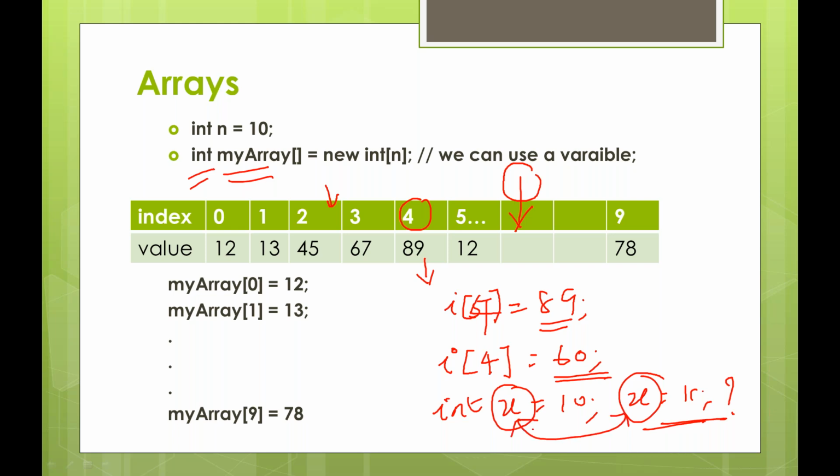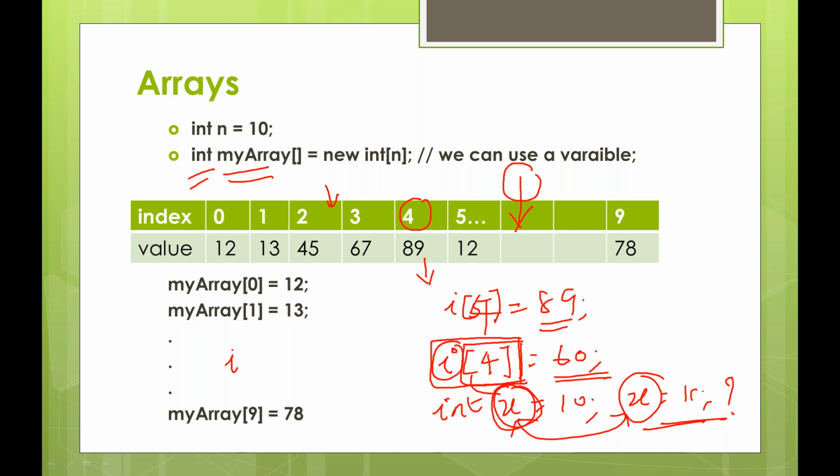Each element is like an individual variable. How do we identify those individual elements as variables? We specify the identifier and then specify the index.